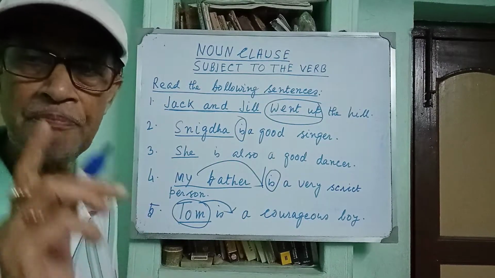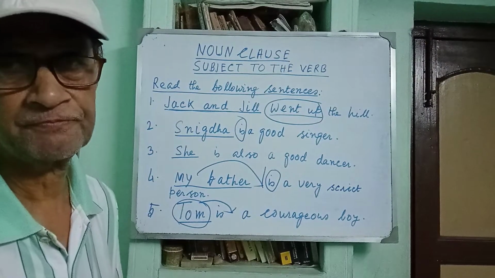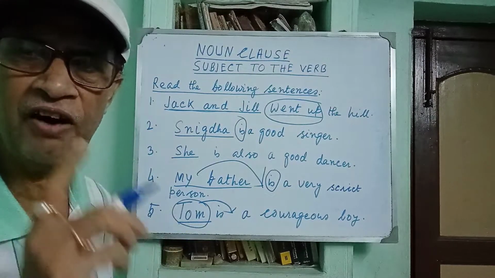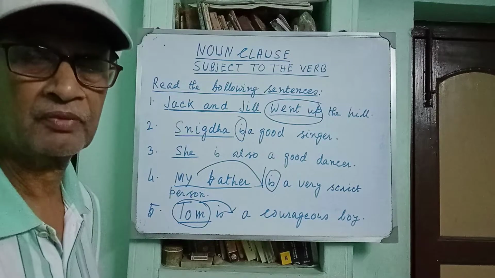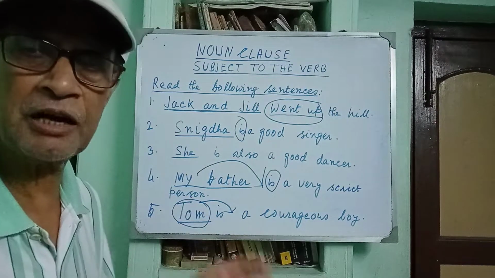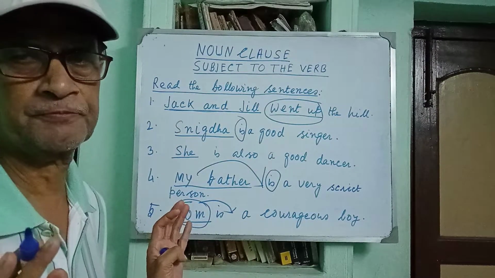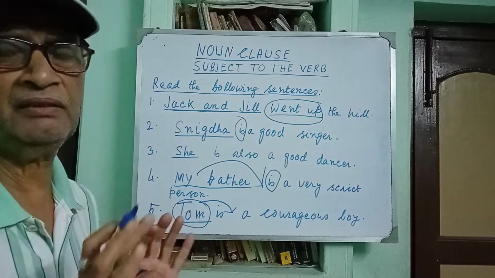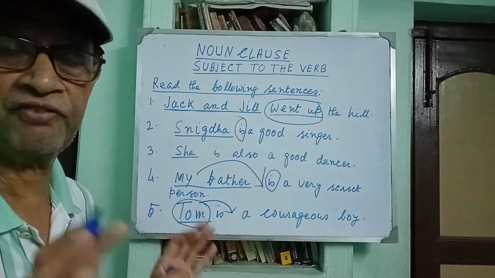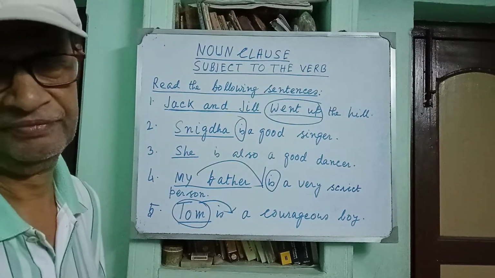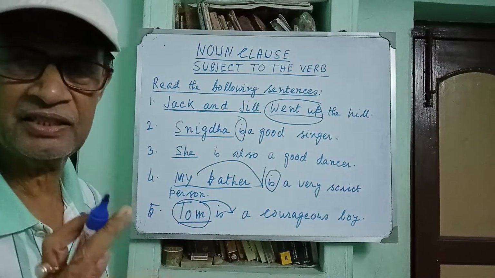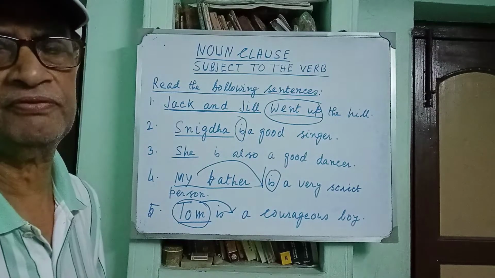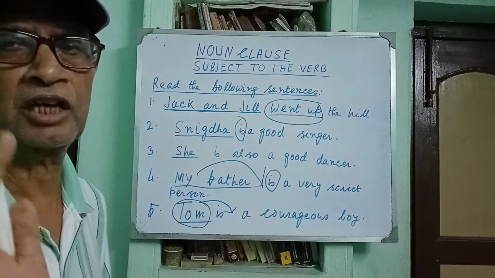A clause is the part of a sentence having a finite verb in it. And when a clause acts as the subject to a verb, it is called noun clause.